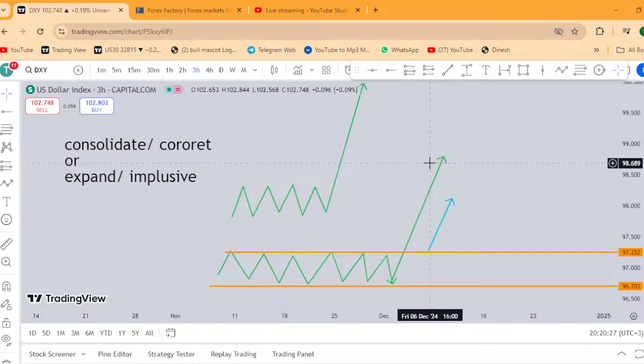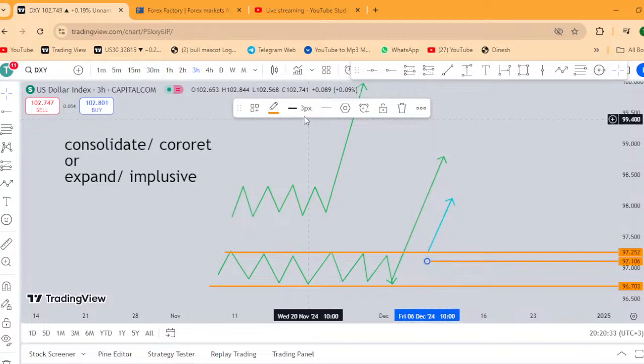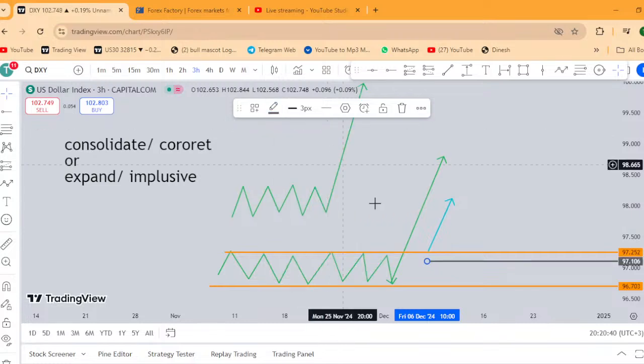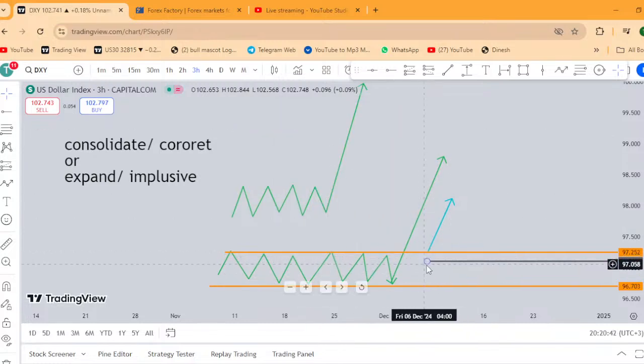It has to be down here, behind this support level, the closest zone near my entry.